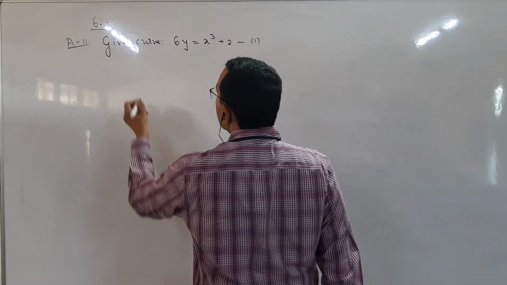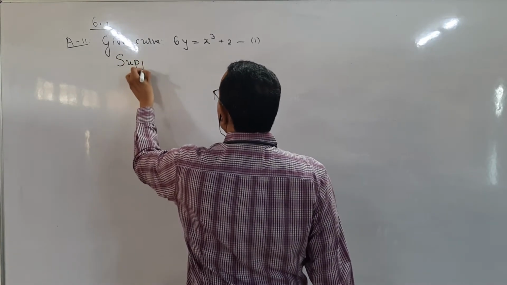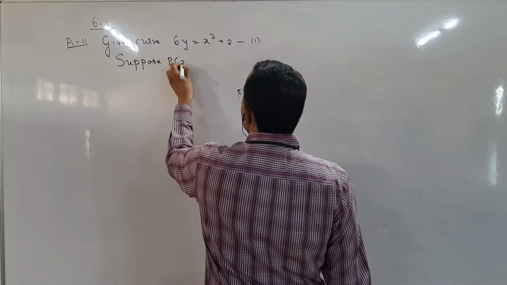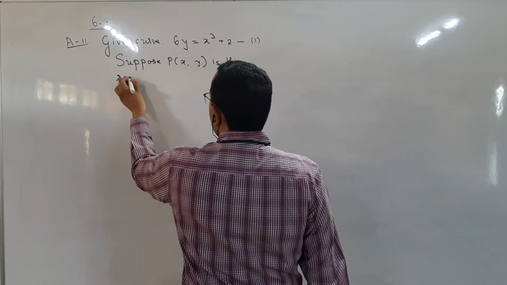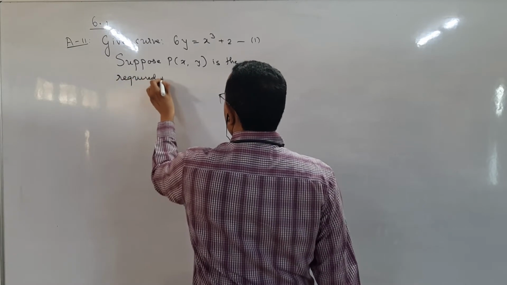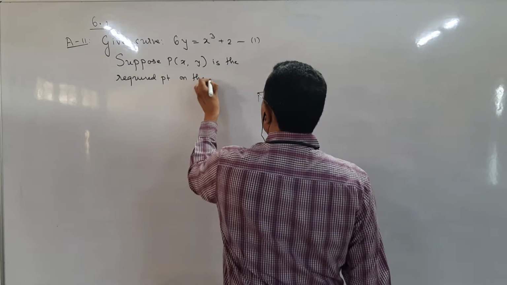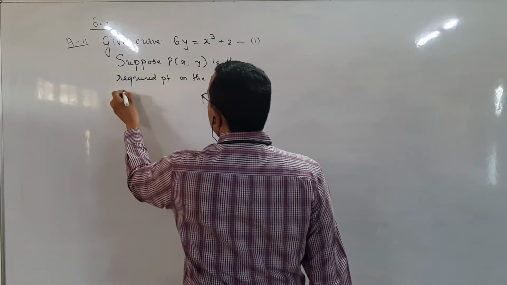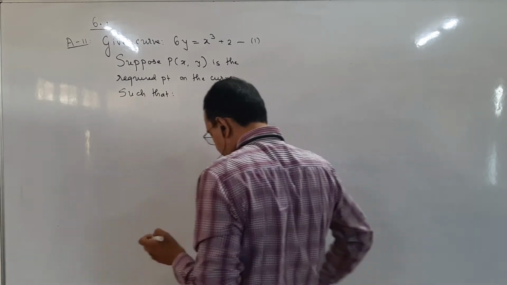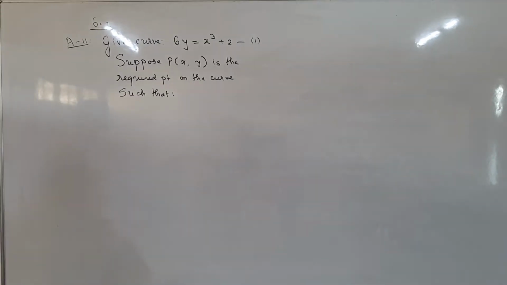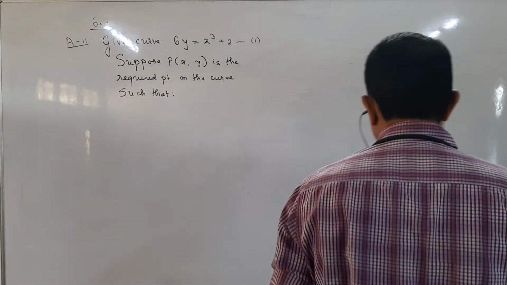Suppose P(x, y) is the required point on the curve such that, now students, what condition is given, that is very important. The y coordinate is changing 8 times as fast as the x coordinate.